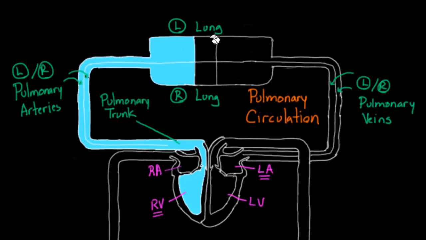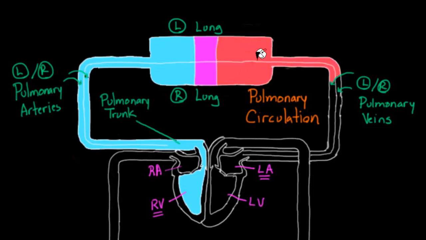And once it's there, it's going to mix in with the capillaries, and it's going to start getting oxygen. And then it's going to come out on the other side in the pulmonary veins. It's again stopped a little bit there, but I can fill it in. And the pulmonary veins are going to deliver that oxygenated blood to the left atrium. So what you see colored in now is the pulmonary circulation. That's the first part of our circuit.